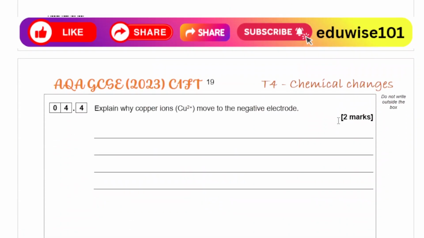Explain why copper ions move to the negative electrode. Well, they are oppositely charged.